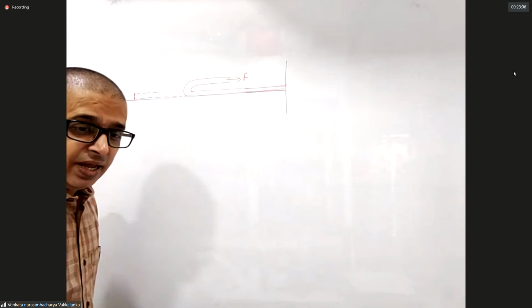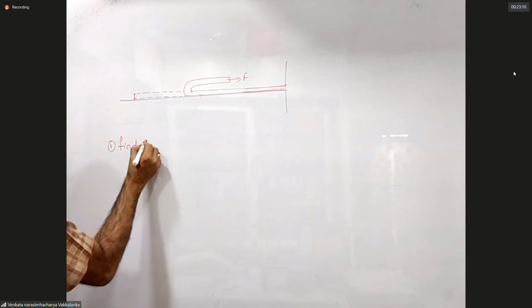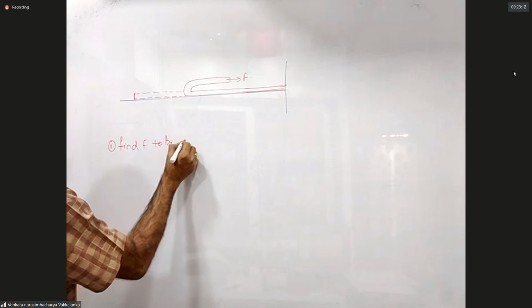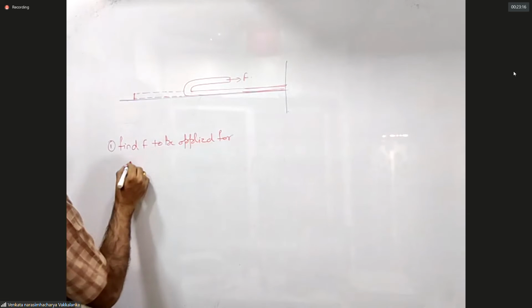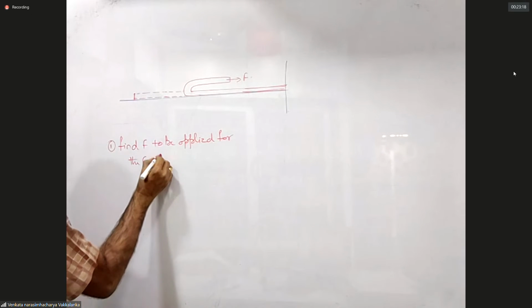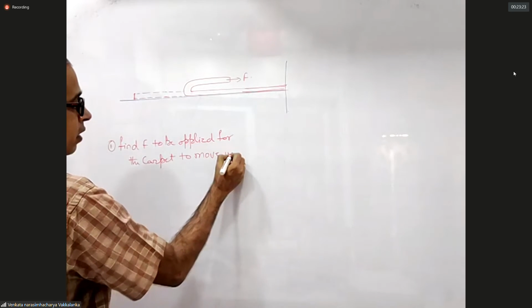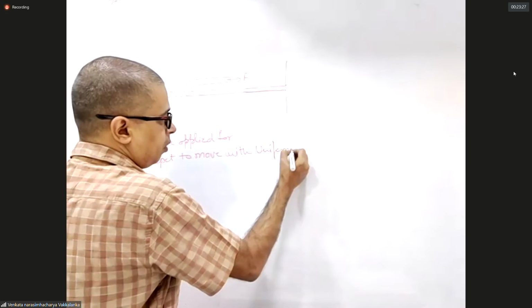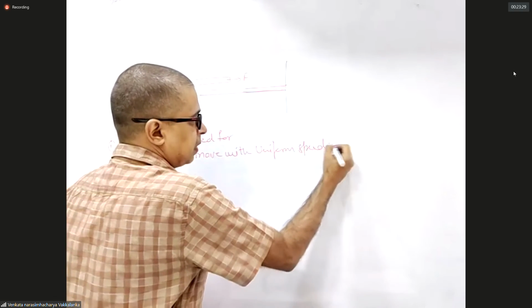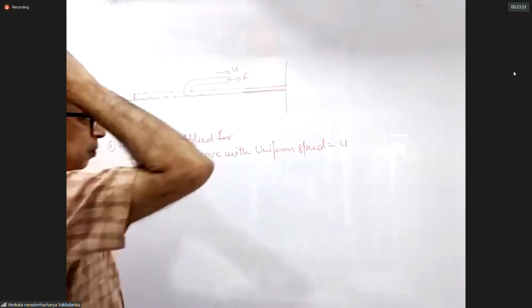The first question they asked is: find F to be applied for the carpet to move with uniform speed u. The carpet is moving with a uniform speed u.